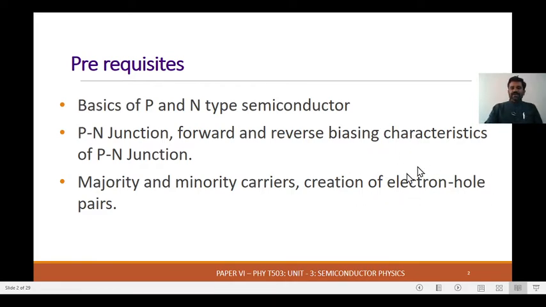Also, one should understand the creation of electron-hole pairs: when external energy is supplied to a p-n junction, a bond breaks, which creates an electron and a hole pair, and how it is created.